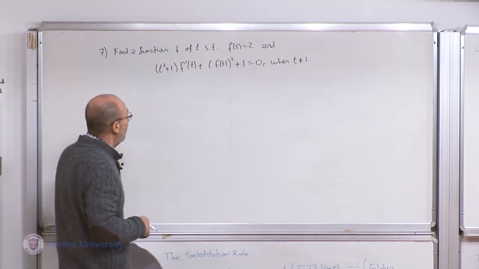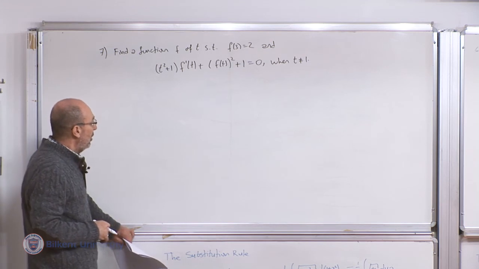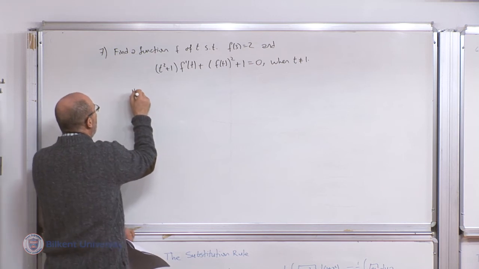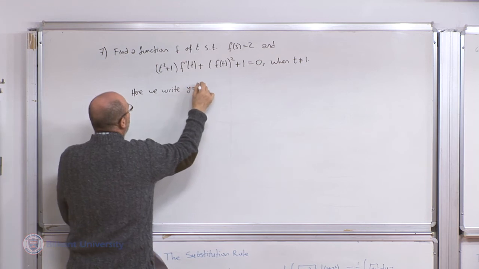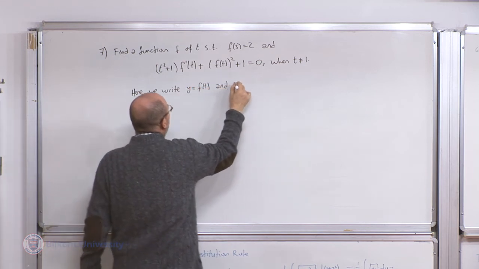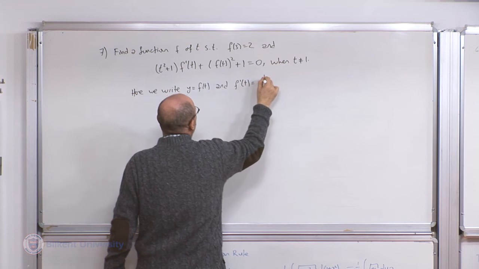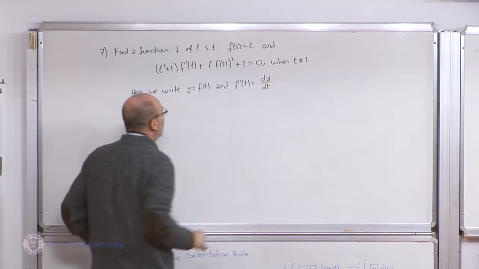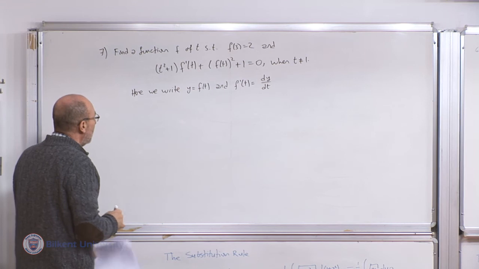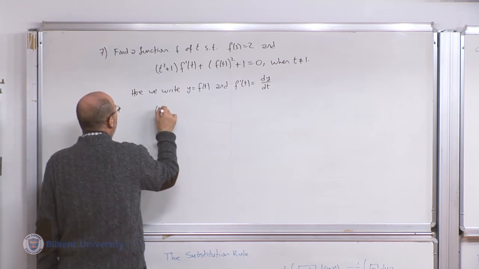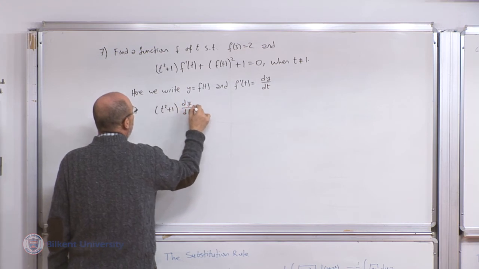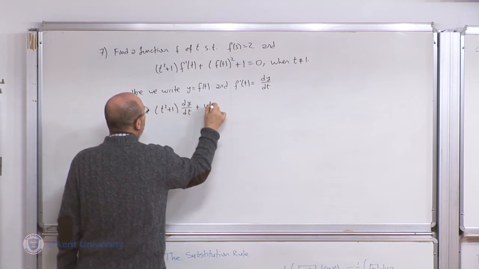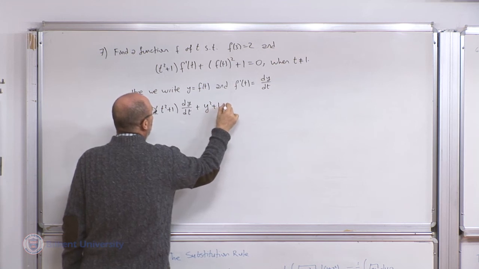Okay, so how do we solve this? We change this to a separable equation. Here we write y equals f of t, and f prime of t is dy over dt. Then we have (t squared plus 1) dy over dt plus y squared plus 1 equals 0.